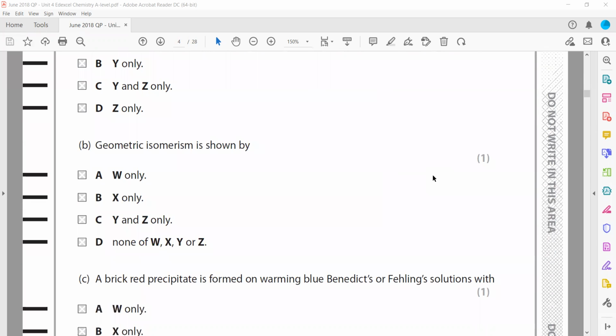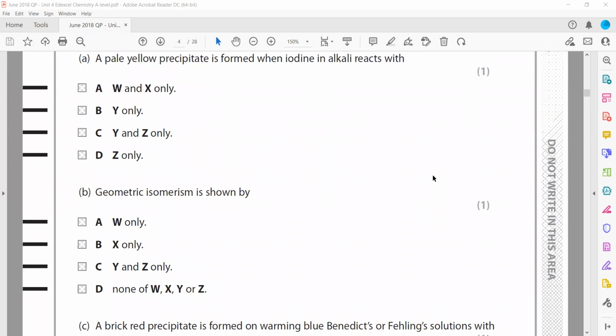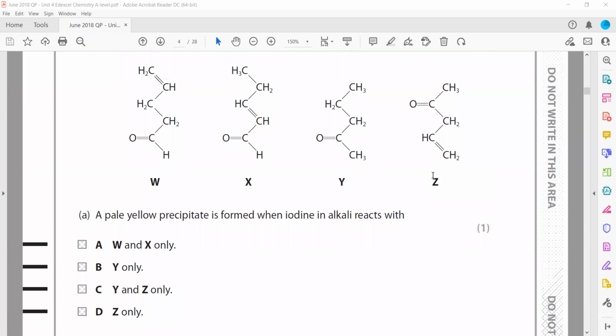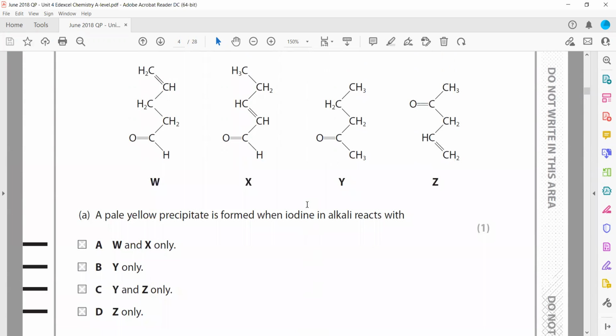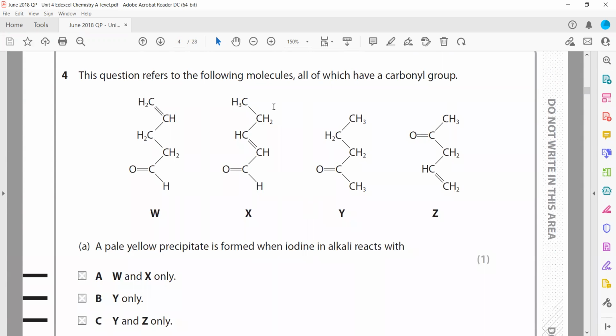For geometrical isomerism, we have to check that the carbon has a double bond and different groups are attached to the carbon. When we check this one, CH2 means 2 hydrogens, so it does not exhibit geometrical isomerism, because to show it there should be different groups attached to each carbon of the double bond.